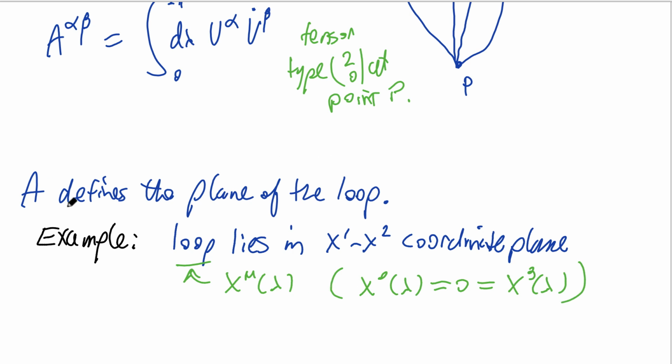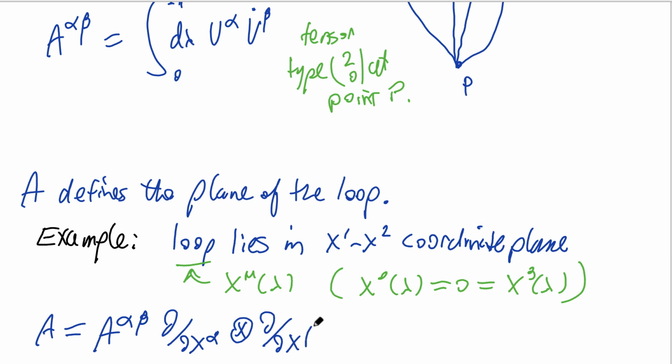Okay, so now let's take our tensor A and expand it in a coordinate basis. So this is A alpha beta, the components, times d by dx alpha, outer product with d by dx beta. But since the loop lies in the 1, 2 coordinate plane, the only contributions here are when alpha and beta are 1 and 2.